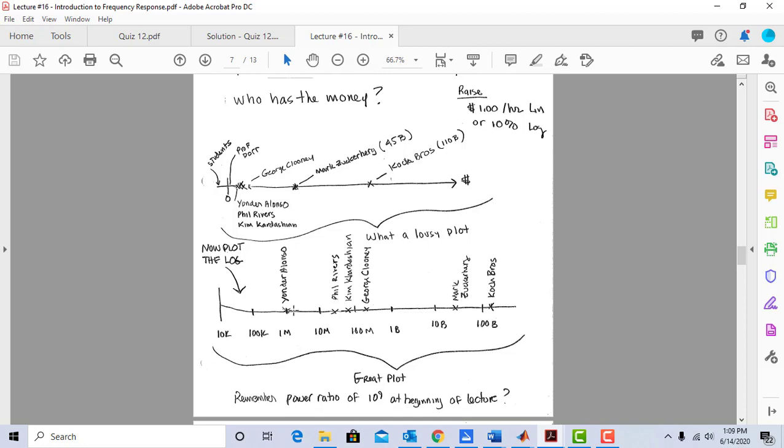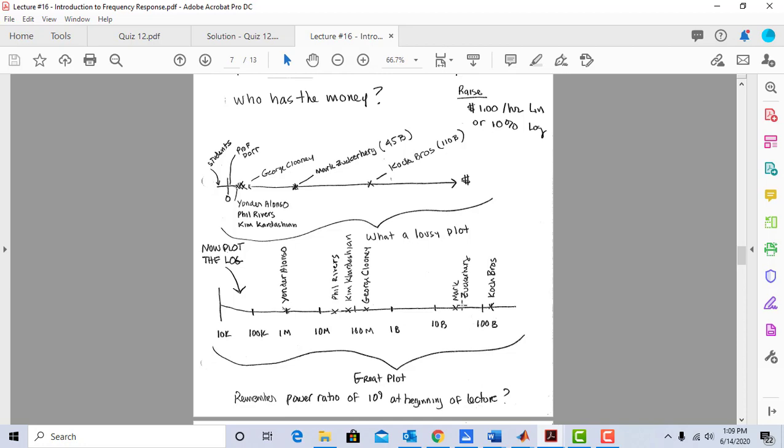And that is what would show up on this curve, because 10% on this curve is a finite increment. If Alonso gets a 10% raise, he's here. If Clooney gets a 10% raise, he shifts by the same amount. So, you remember the power ratio of 10 to the 9th at the beginning of the lecture?